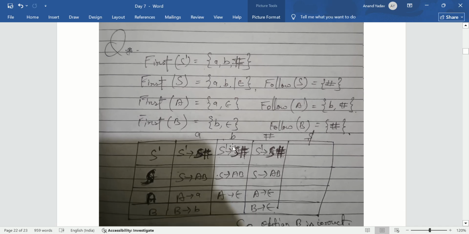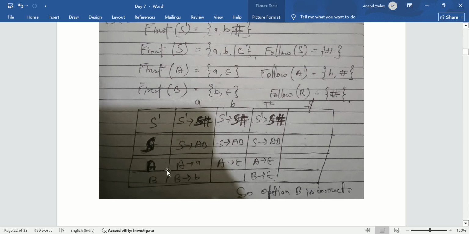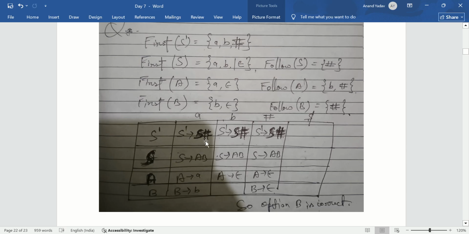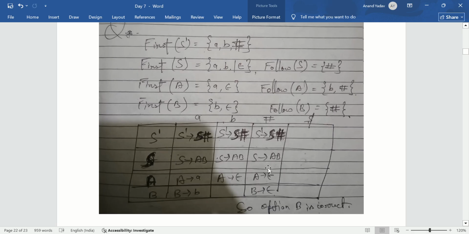These are the terminals A, B, and dollar, and these are the non-terminals. Then for each production, if it starts with A, I put it here; on B, I put it here. If it is on follow, then we put the epsilon production for the follow of the production. So in this way I solve this question.